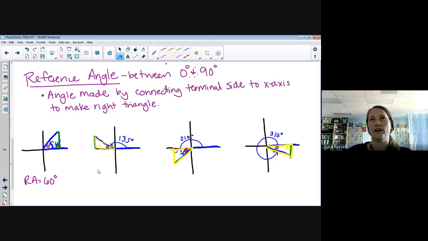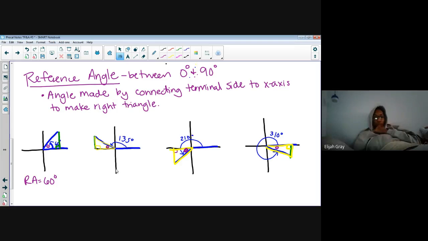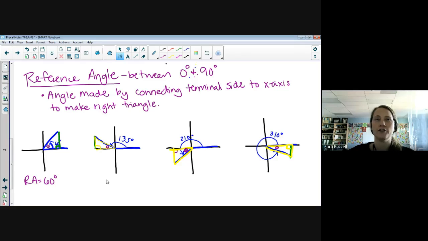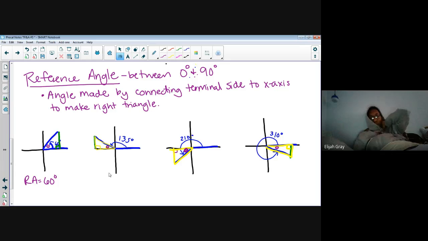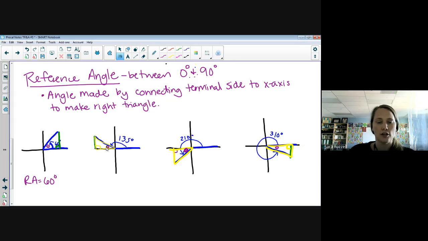Well, there's two Elijahs now in the class. But is it 45? It is 45. How'd you get 45? I did 180 minus 135. Right, because this little wedge, our little theta here, and the 135 together make 180, which is our straight angle, right?